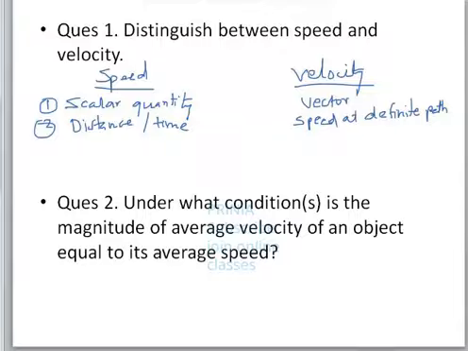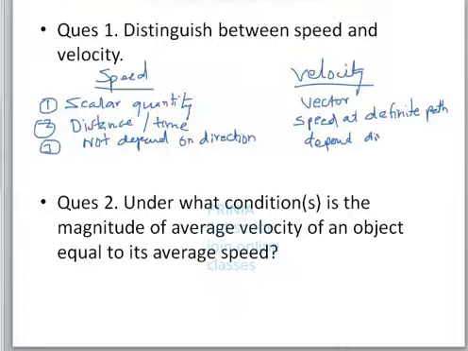Third, speed does not depend upon the direction, whereas velocity depends on the direction, that is, it is proportional to the direction. So hence it is a vector quantity also.